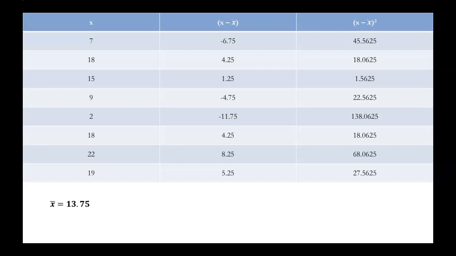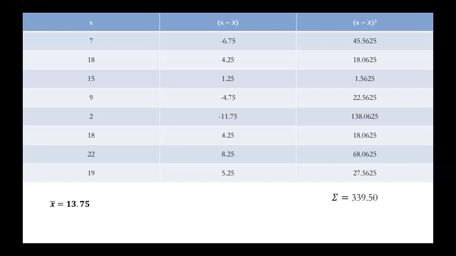So if we think back to that sample standard deviation formula, we needed the sum of x minus x bar squared. So let's take the sum of this third list. So if we take the sum of this, we get 339.50.